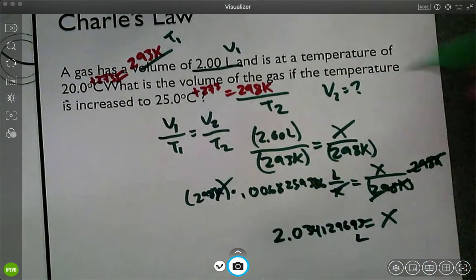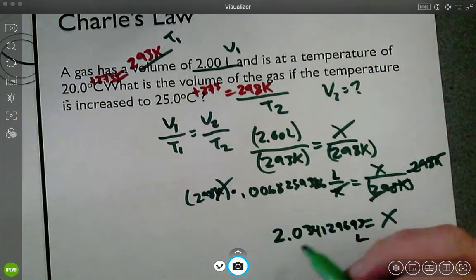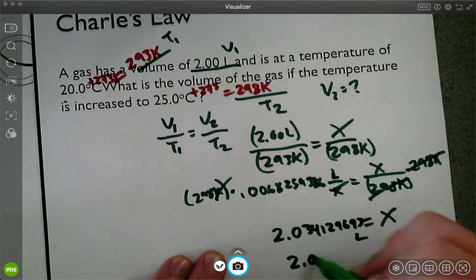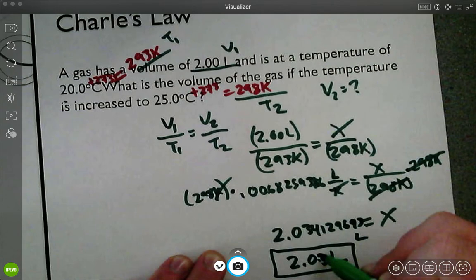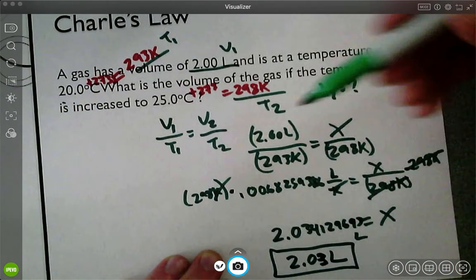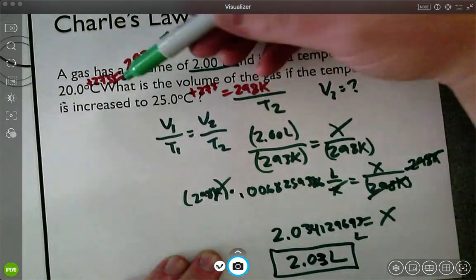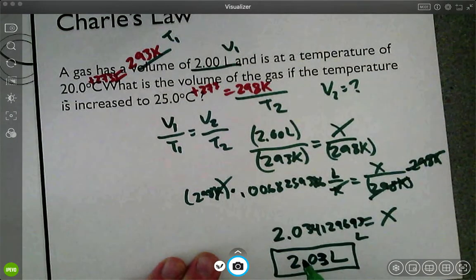Now, rounding it, each of these had 3 significant figures, so I'm going to round this to 2.03 liters. So the volume did increase a little because of that increase in temperature, but it's only 5 degrees, so it didn't increase by a lot. 2.00 to 2.03.